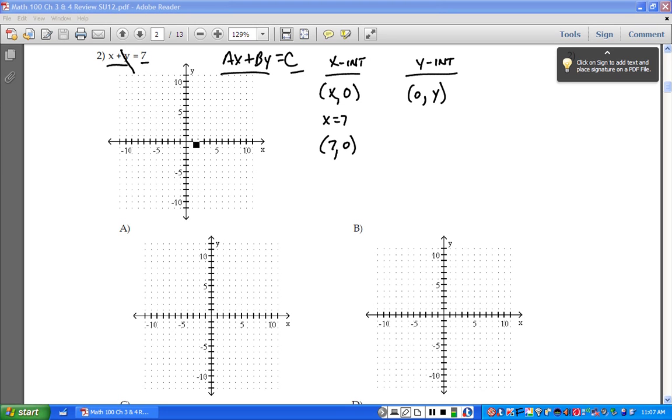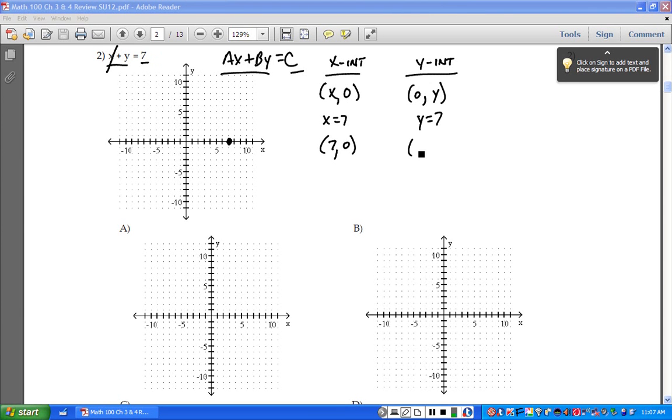So I come to my x-axis, 1, 2, 3, 4, 5, 6, 7, make a point. There's my x-intercept. It's on the x-axis. Now for the y, I make x 0 and solve for y. If I make x 0, the x disappears and I'm just left with y equals 7.